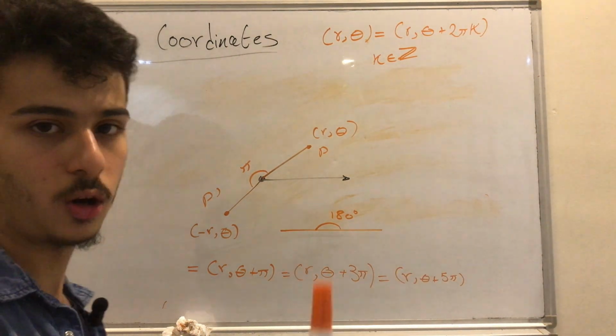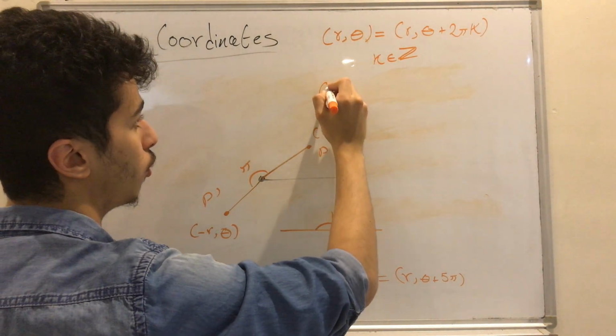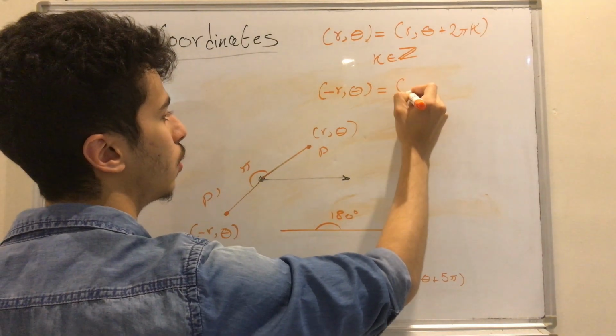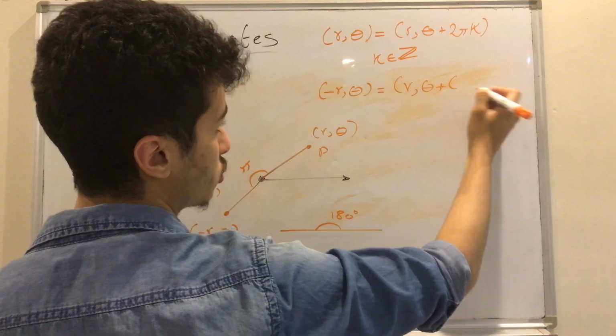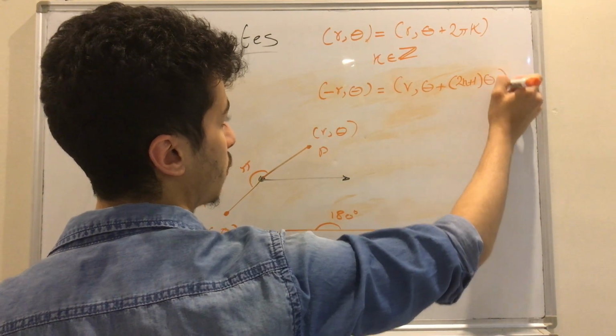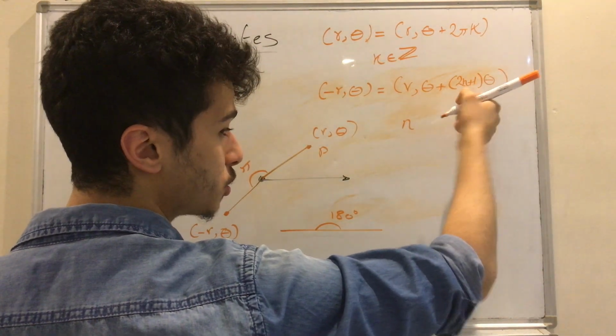So it's all the odd multiples of π. So writing this down in its most general form, (-r, θ) is equal to (r, θ + (2m + 1)π). Plug in any integer m and you'll see that 2m + 1 is odd.